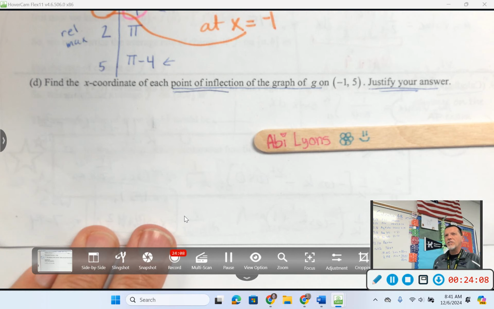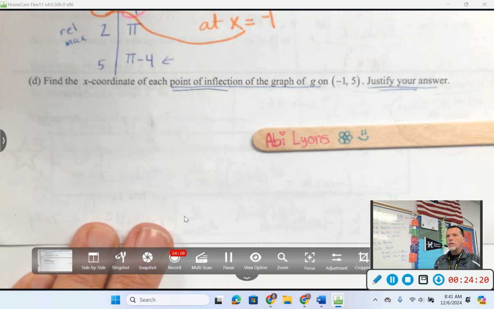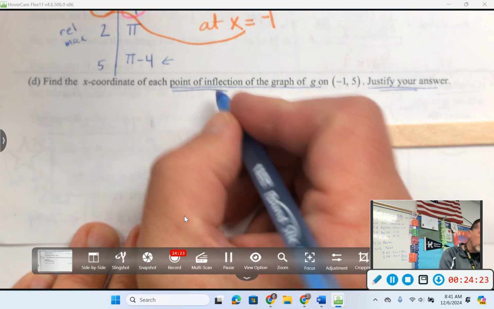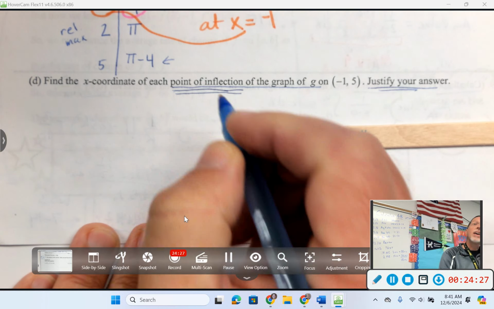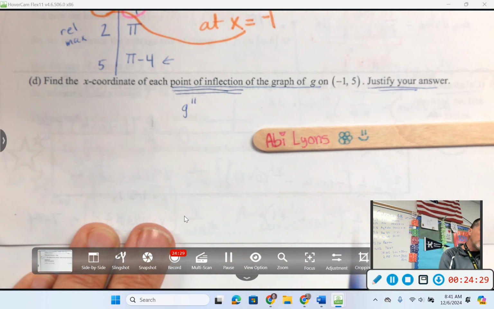Maybe, when what changes from increasing to decreasing? I wouldn't have worded it that way. Like, you can get there going that way. Which derivative do we usually associate with point of inflection? Yes. So then what about double prime?